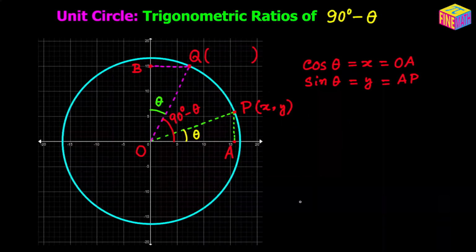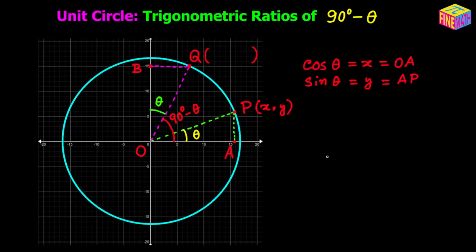I have plotted a point Q on the circumference of the unit circle so that OQ line segment creates an angle 90 degree minus theta with the positive x-axis, and I have denoted that with a red arc here. Now if the angle QOA is 90 degree minus theta, then think about what would be the size of the angle QOB.